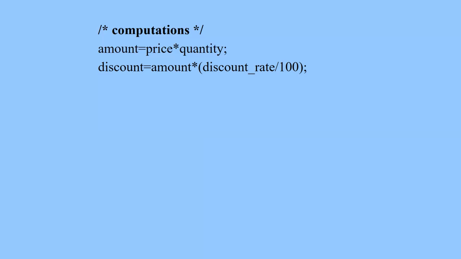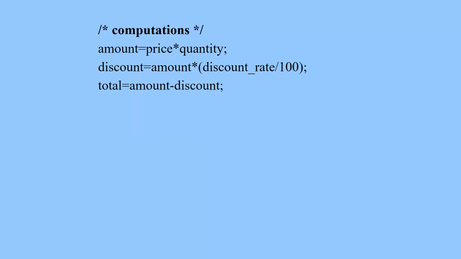In other words, this statement means multiply the content of discount rate by 100 and with what is stored in amount, and the results you are going to get, assign them to the memory location called discount.